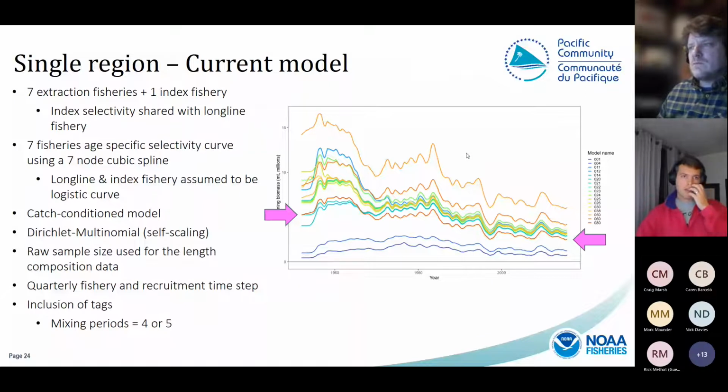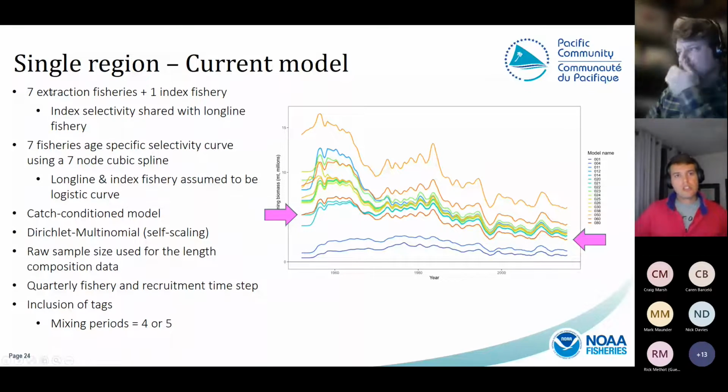So in terms of the current model for the single region, we've got that 7 extraction fishery structure, 1 for each gear, the 1 index fishery with that index selectivity shared with the long line. 7 fisheries, 7 distinct age-specific selectivity curves using a 7-node cubic spline.